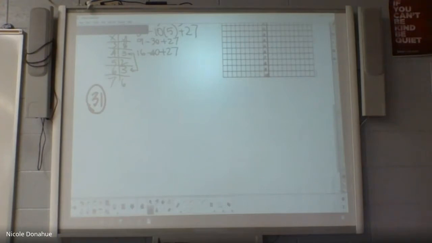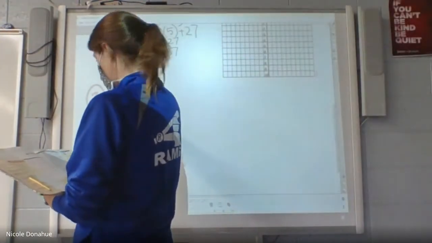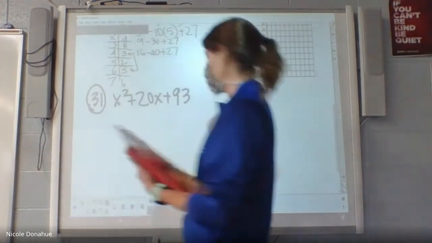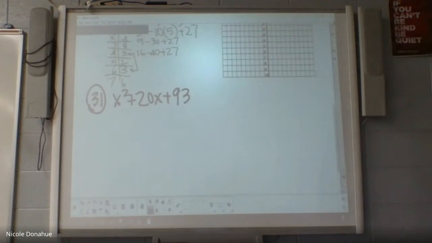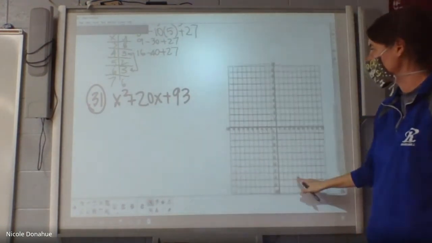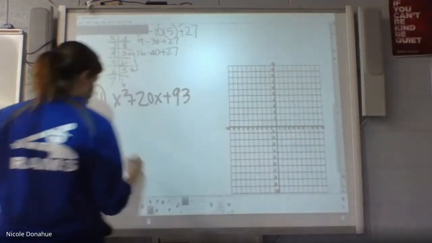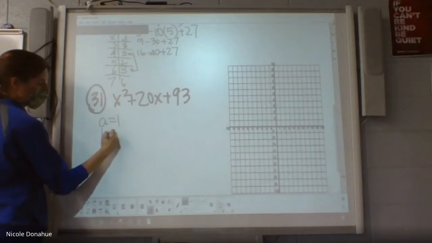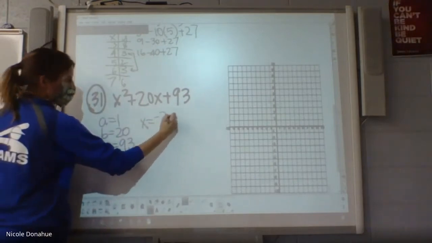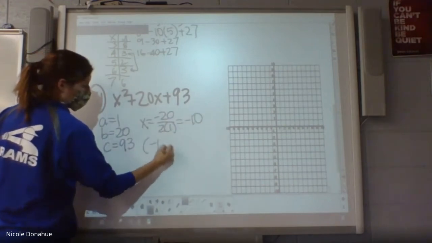This one was like half off. 35 was off. Oh yeah, this one was half off. So x squared plus 20x plus 93. Big numbers. So again, our vertex, we define our A, B, and C. Negative 20 over 2 times 1, so it'll be negative 10.